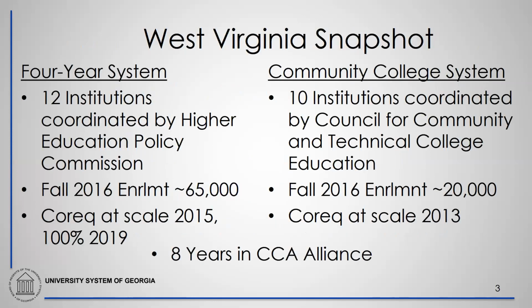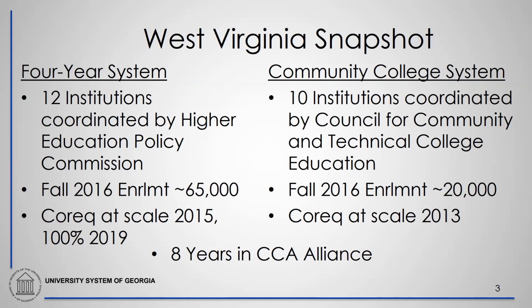West Virginia is an interesting state in that it has two component systems that are both very active in this realm. The four-year system is 12 institutions coordinated by the Higher Education Policy Commission, with 2016 enrollment of 65,000. They made policy decisions in 2015 to go corequisite at scale, and will have all remediation delivered by corequisite in 2019, 100% in 2019.